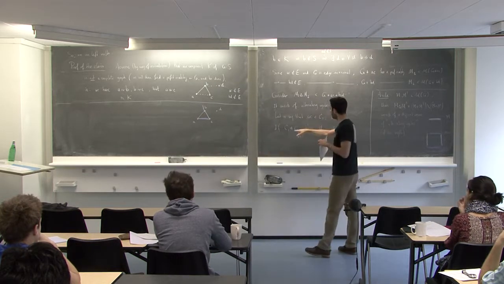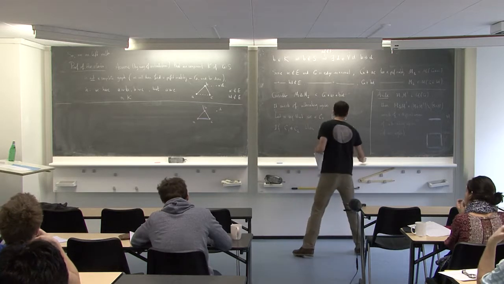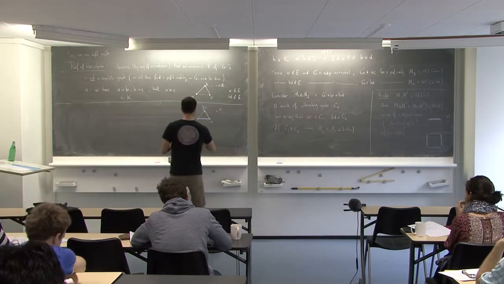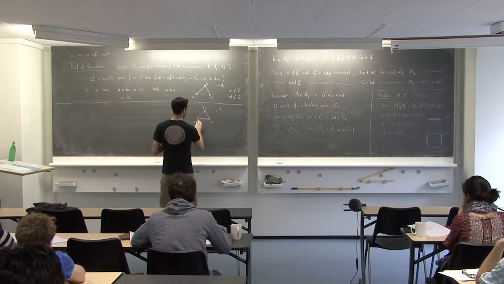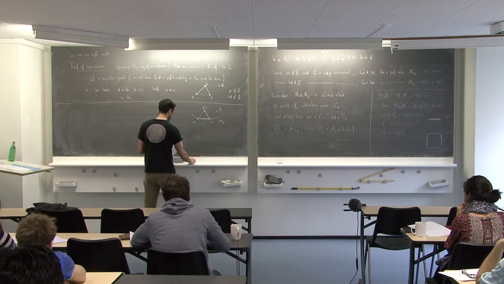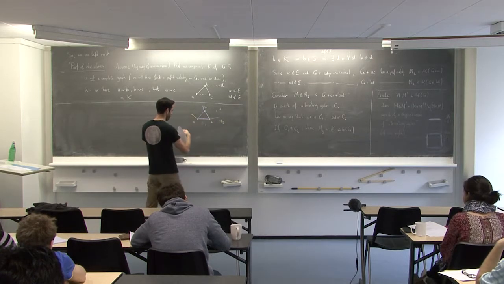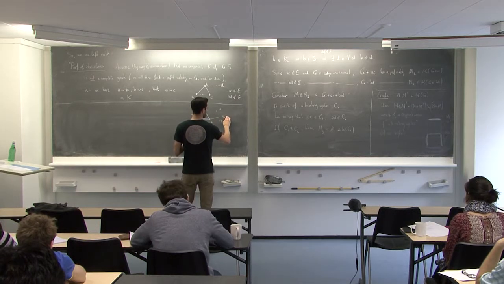And then if we assume that C1 is different from C2, then what do we have here? So this would be M1. And then you have M2, the elements of M2 like this. And together they form, this part here forms some cycle C1.